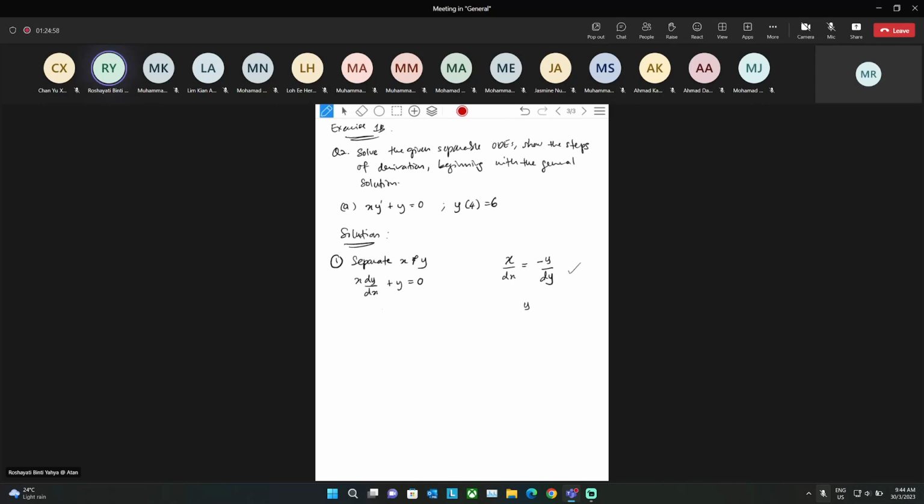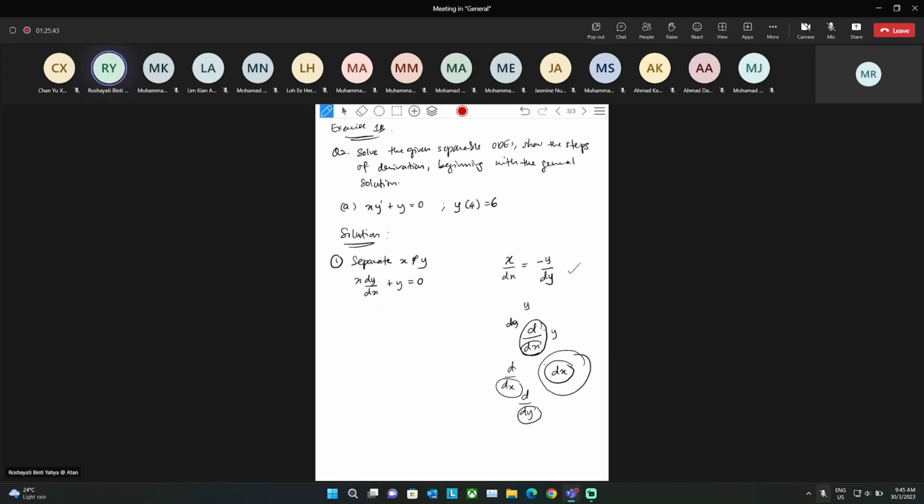Kalau ada dy, dia macam d over dx y kan? Dia d dengan dx ni boleh datang together dx sebelah bawah. Tetapi kalau dx saja, dia perlu berada di atas. Unless dia datang dengan d over dy. Kalau tak, dia single je macam gini, bawakanlah dia ke atas.